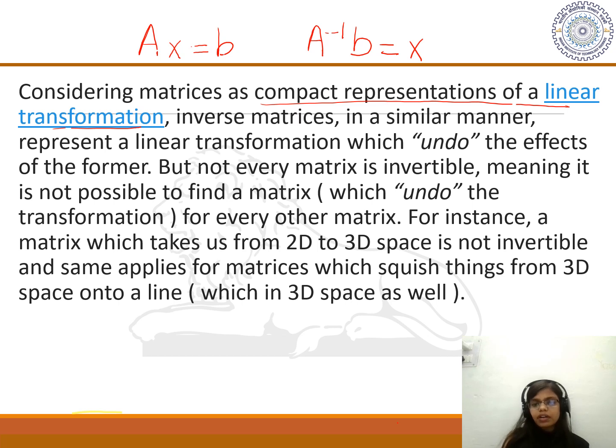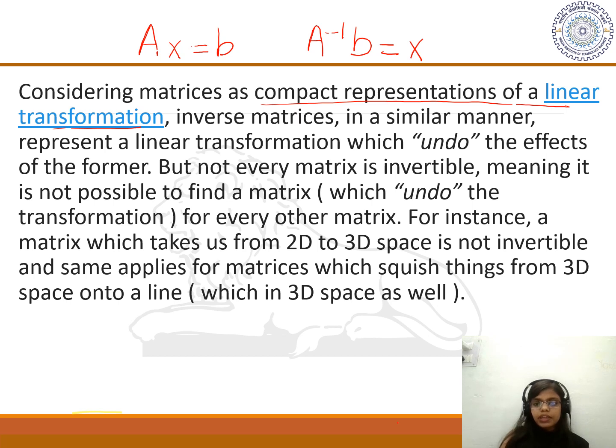The matrices we get from these kinds of transformations are not invertible. Basically, these are the rectangular matrices. And the thing is, in real world problems, most of the matrices we deal with are not the square matrices, whose inverse is easy to find, but rectangular matrices.